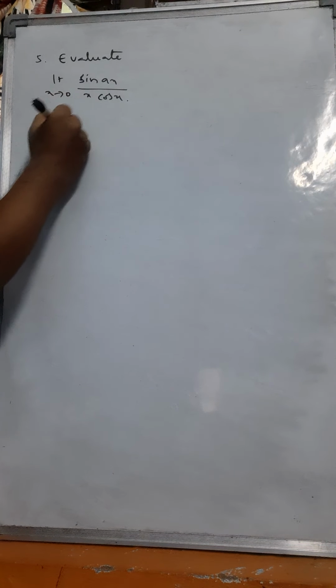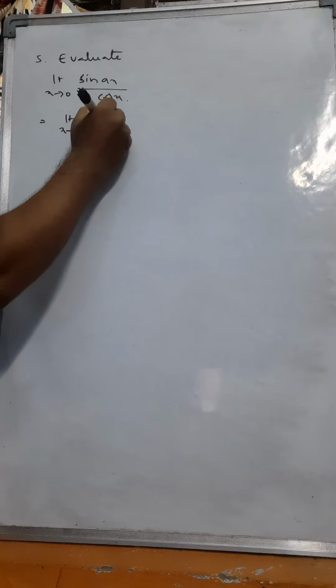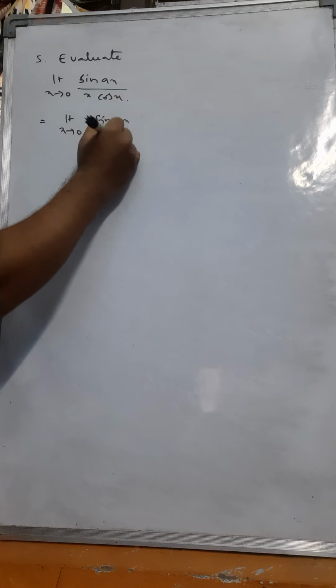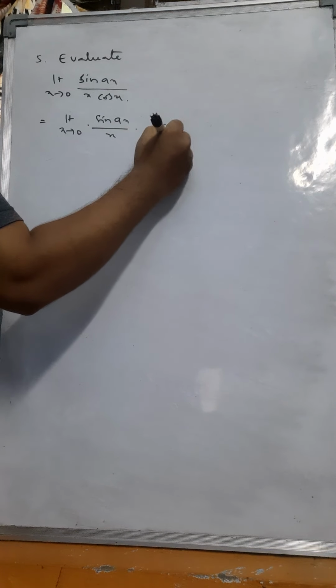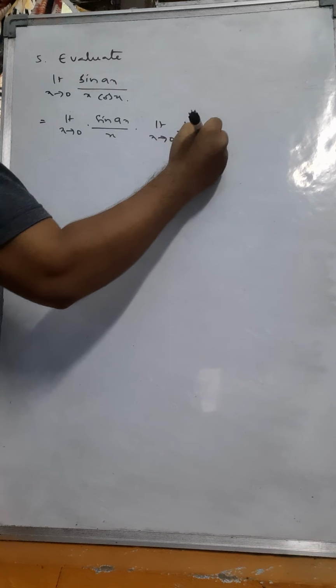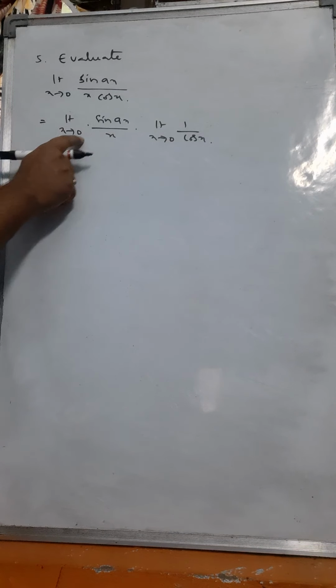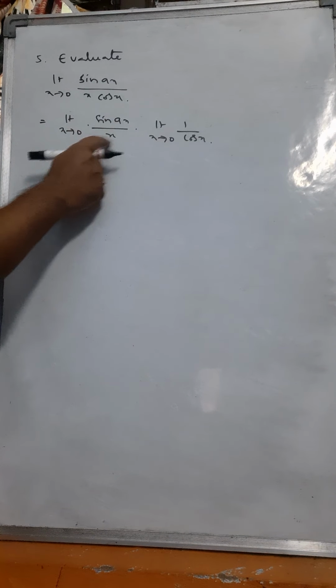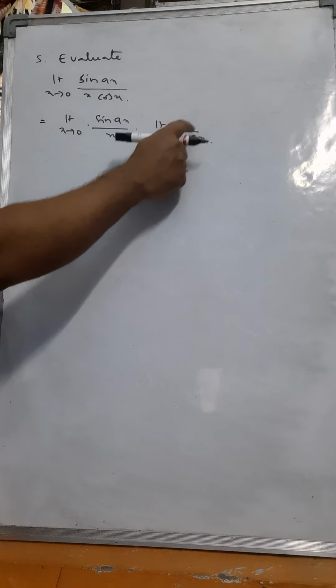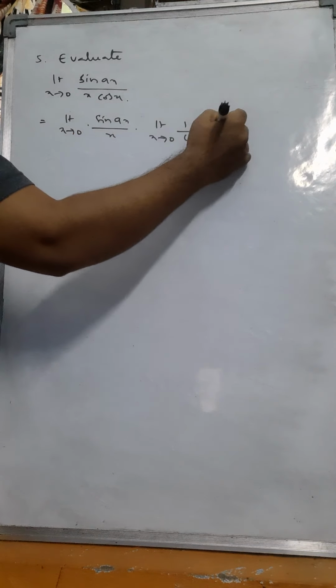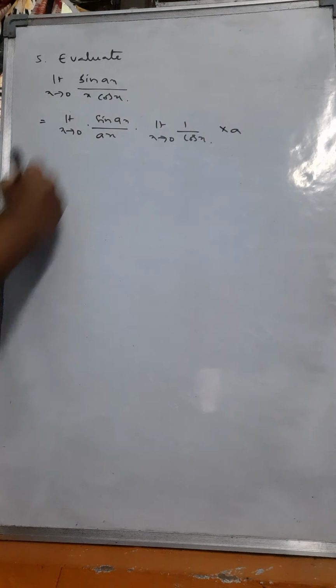That is equal to limit x tends to 0, sin ax by x, into limit x tends to 0, 1 by cos x. So we can separate them. Now multiply and divide by a.